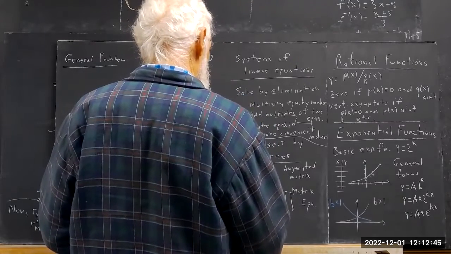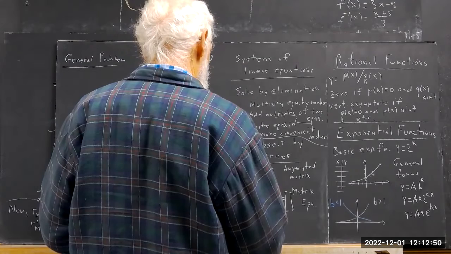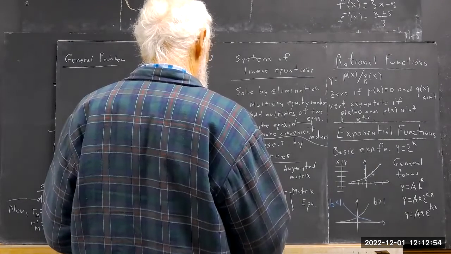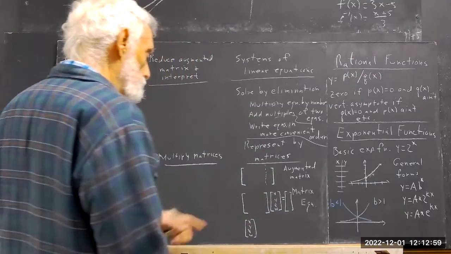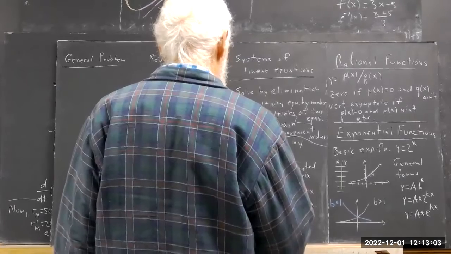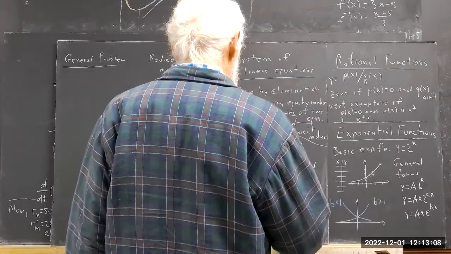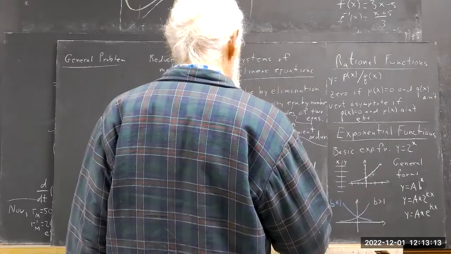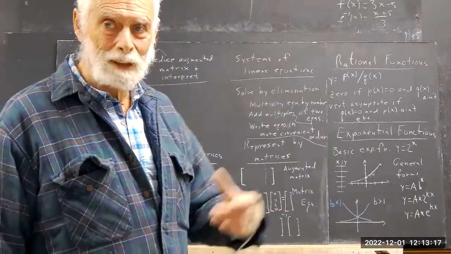The solution to the matrix equation is, I'm writing these letters really tiny, I'm not sure that they can show up, X, Y, Z, W equals the inverse of this matrix times this.